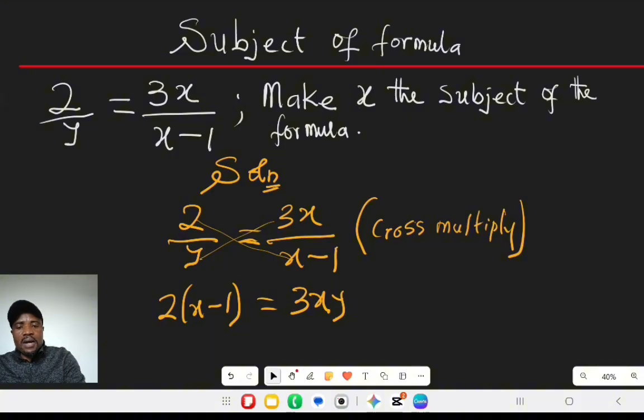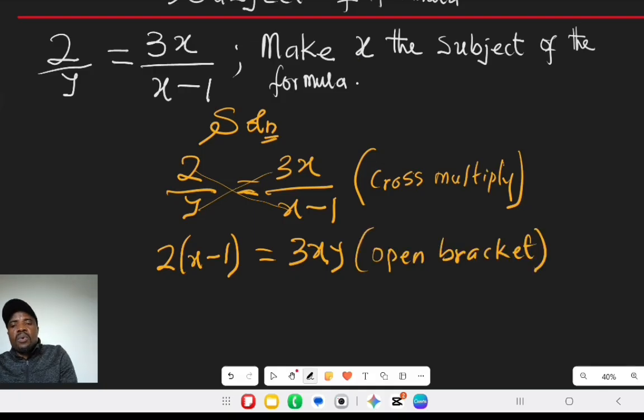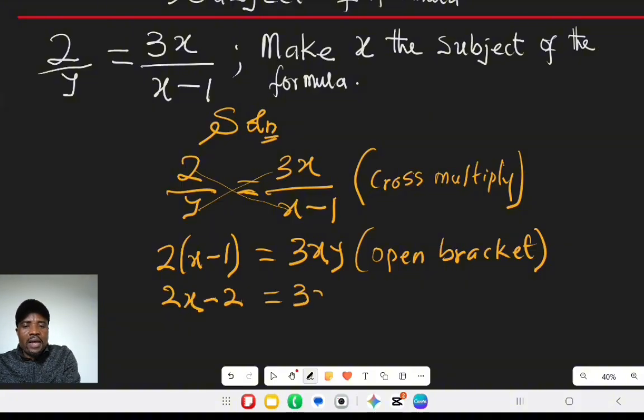Then we move further. The next step, we open the brackets. When we open the bracket, we have 2x minus 2 equals 3xy. Then what are we going to do? We collect the like terms.